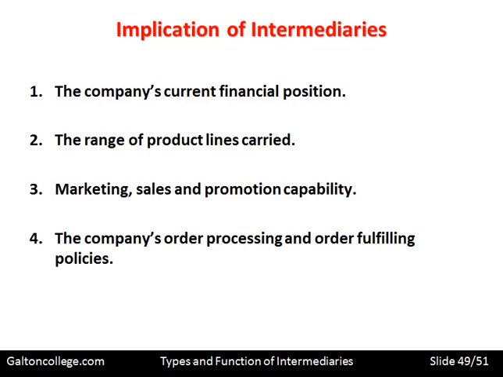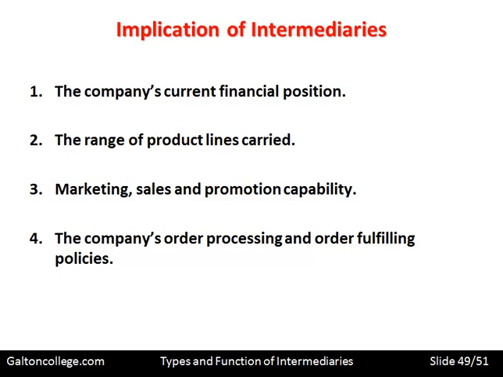The company's ordering process and order fulfilling policies also need to be looked at, to make sure that the company is able to take orders efficiently, there's clarity about the orders, there's no ambiguity, and that contracts could be issued if need be, legal contracts which will guarantee the sales will go through. It may alternatively be based on recognition of the relationship between the intermediary and the producer.